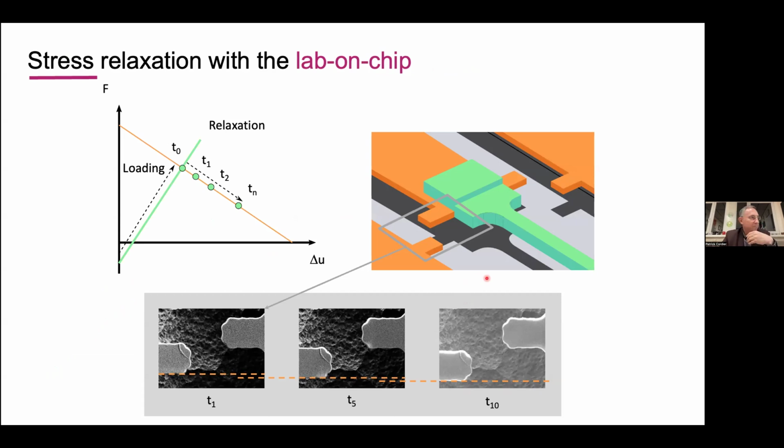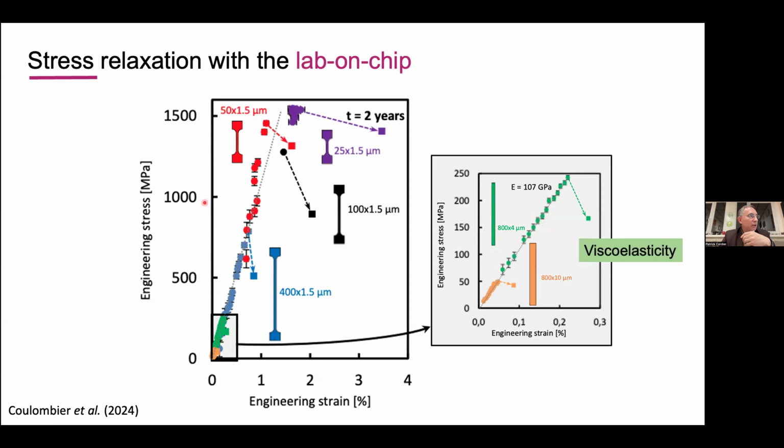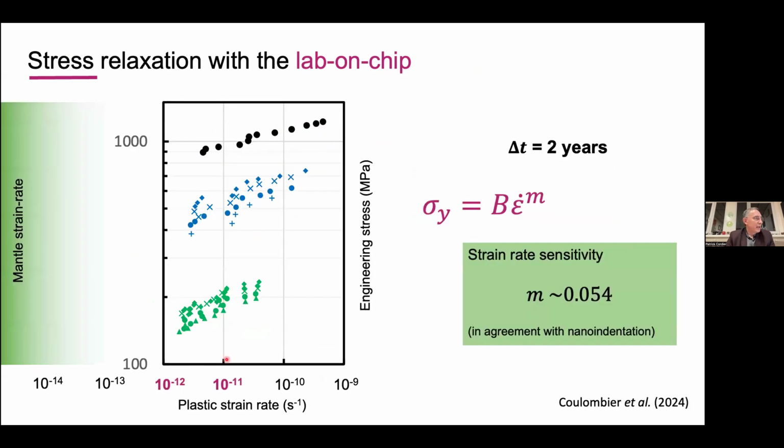So if you come a week later, a month later, 6 months later, 2 years later, we did that during 2 years, you see that the strain continues to evolve. We followed several machines like that, and it's interesting to see that even in the lowest part of the curve, that is at low stress, this does happen, meaning that it's viscoelastic behavior in that case.